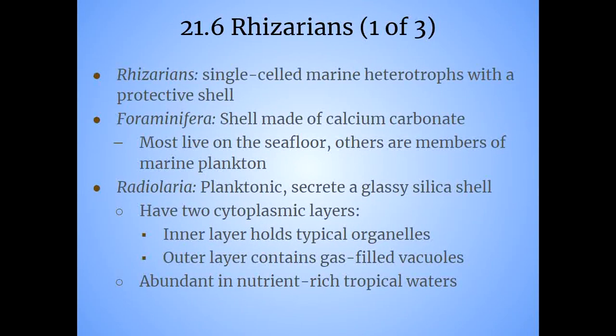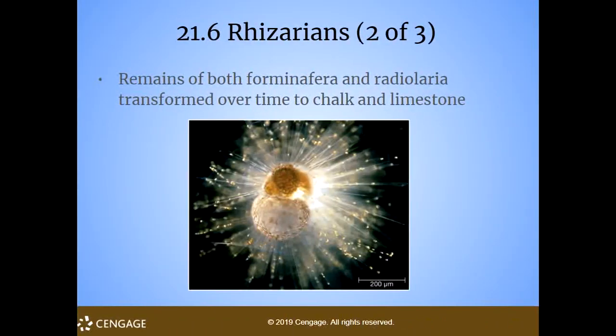What's interesting about these is that when they die, their shells are deposited on the ocean floor. And then, over time, of course, the earth has changed. So there are some areas on the earth where we make use of these remains of the Foraminifera and Radiolaria, and those will be chalk and limestone.